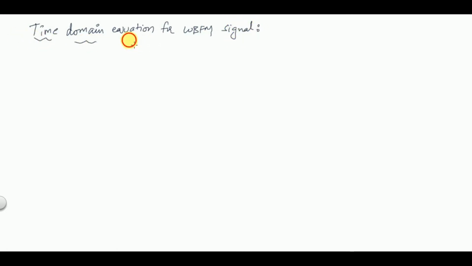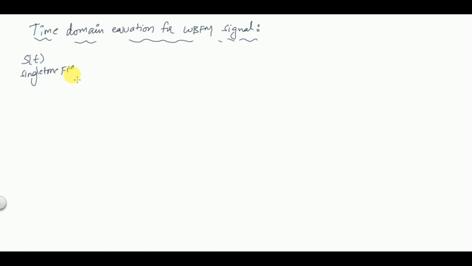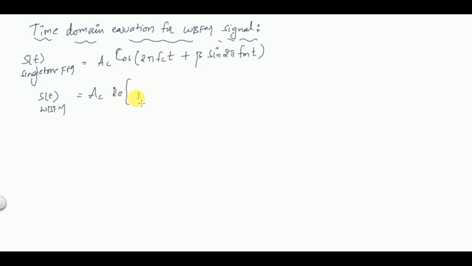We know that the standard single tone FM signal equation is given by Ac into cos of 2 pi fc t plus beta sine 2 pi fm t. Taking S of t as the WBFM signal, I can write it as Ac into real part of e power j (2 pi fc t plus beta sine 2 pi fm t). Yes or no?